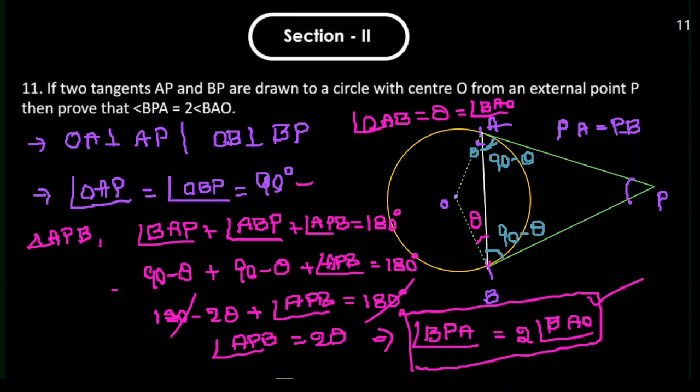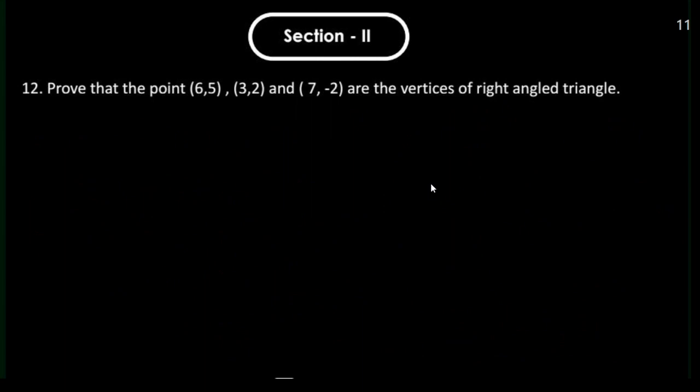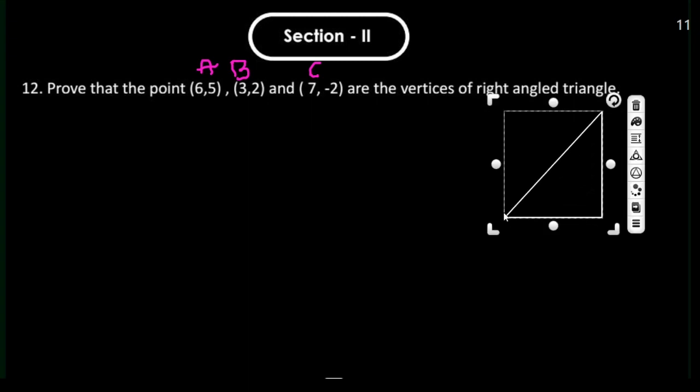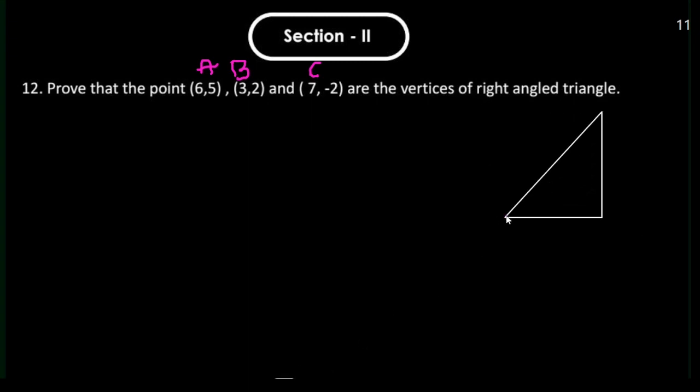Now let's move on to our next question. That is, prove that the points A, B, C are the vertices of a right angle triangle. So how will the right angle triangle be? Yes, we all know that in a right angle triangle, one angle is 90 degrees. Okay, so I'm just taking these 3 points as these three.